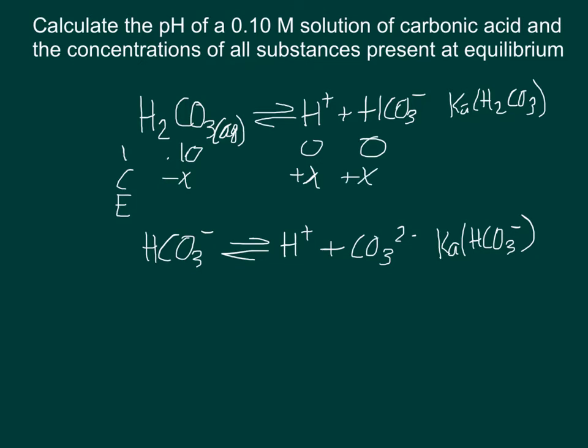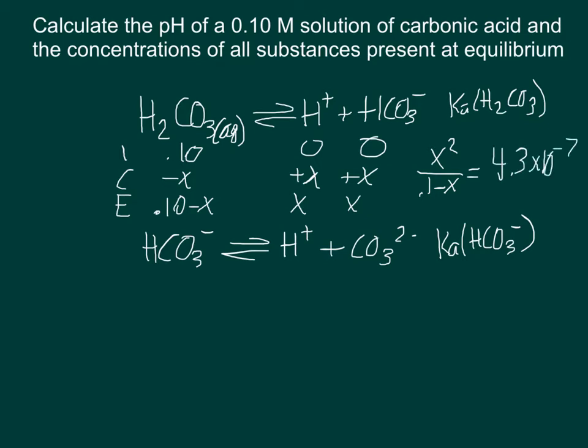So sort of typical here, just like a regular weak acid, 0.10 minus x, x, and x. So what we're going to end up with then is that we're going to just set up the equilibrium constant: x squared over 0.1 minus x equals, and the Ka for H2CO3 is 4.3 times 10 to the negative 7th.